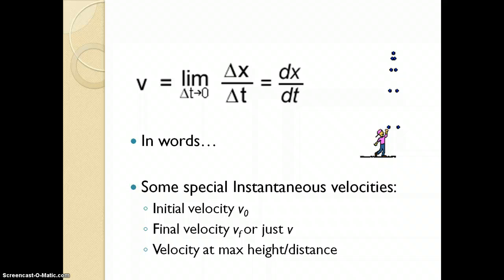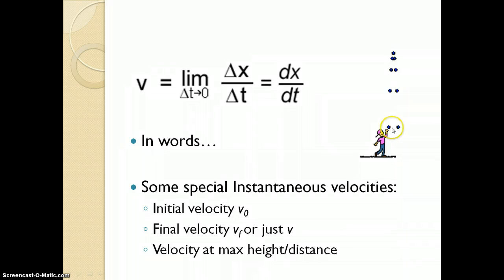Now, big note of caution here. V naught, vf, and these kind of things, they're all defined differently in different situations. So, from the boy's point of view, the entire throw can be considered a time period. V naught is right here, vf is right here.